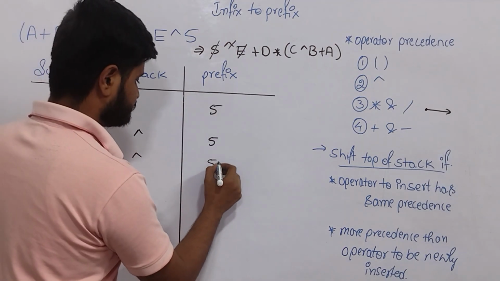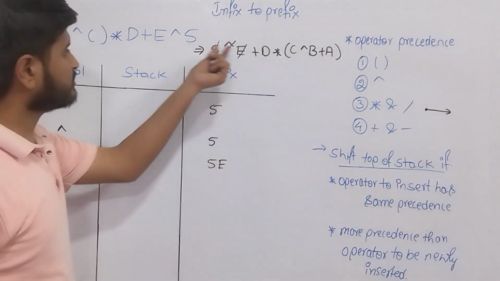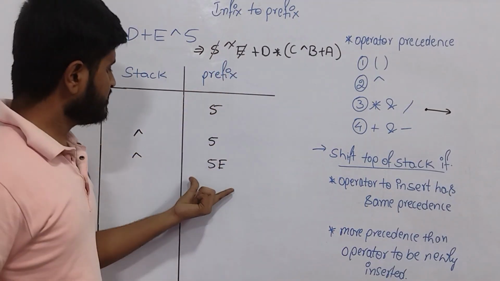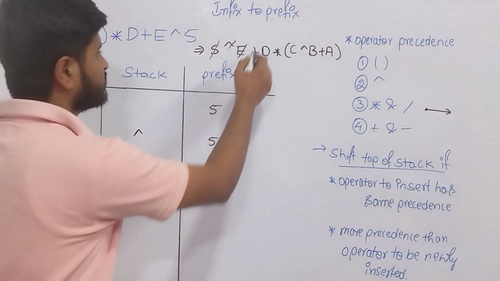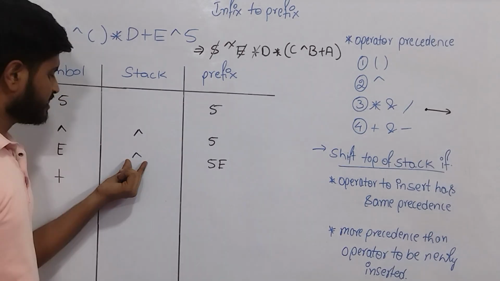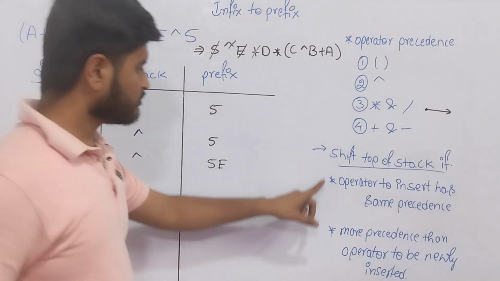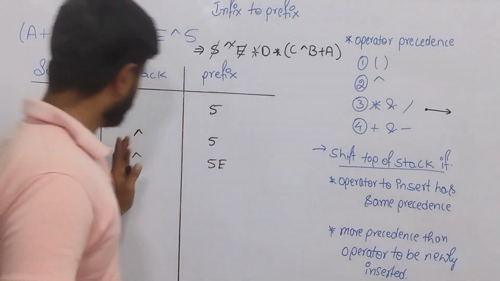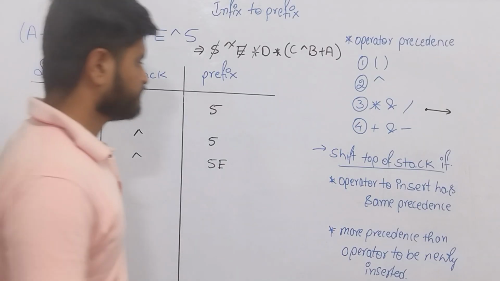And 5E. So the numbers and the letters or words will be directly inserted in the prefix, and the operators will be in the stack. Now let's go with plus. If you see here, at the top of the stack I have exponential. I have written two conditions to shift the operators in the stack towards the prefix.